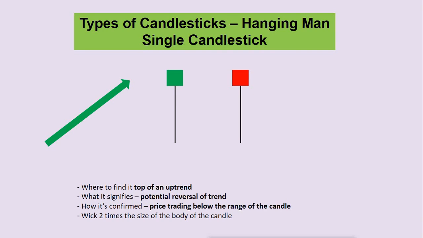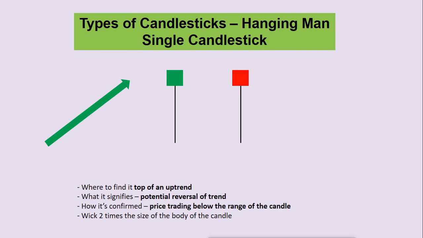If the price starts trading at the lower part of the candle or the lower part of the wick, you can enter the market because it represents a situation whereby there is low risk in terms of entry and there's a high probability of you being rewarded by the price continuing to move downwards for a sustained level to give you enough profits. So this is a hanging man candle.